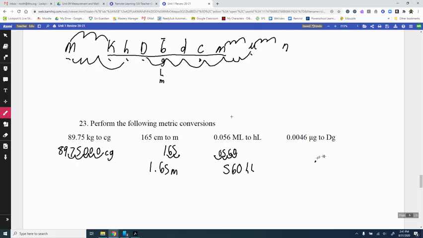So with 0.0046, we move it 7 places: 1, 2, 3, 4, 5, 6, 7. That's going to be our decimal. Fill that in with zeros, and that's our new number. A whole bunch of zeros, point, a whole bunch of zeros, 46 decagrams.